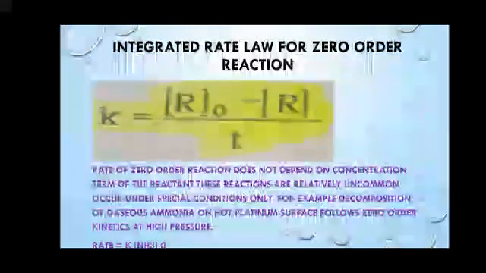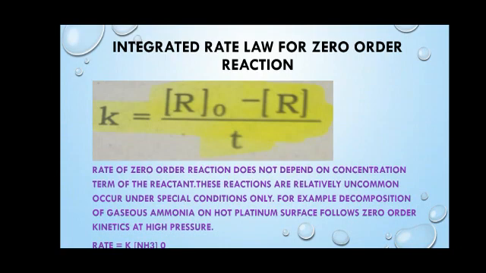So I can say the rate of a zero order reaction does not depend on the concentration term of the reactant. These reactions are relatively uncommon and occur under special conditions only. For example, decomposition of gaseous ammonia on a hot platinum surface follows zero order kinetics at high pressure.